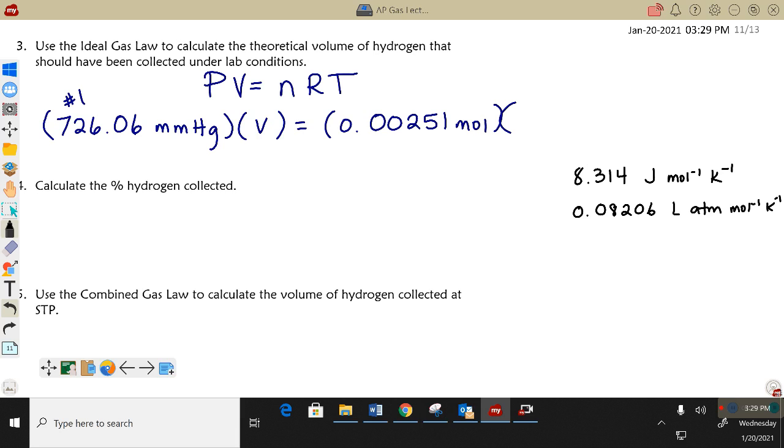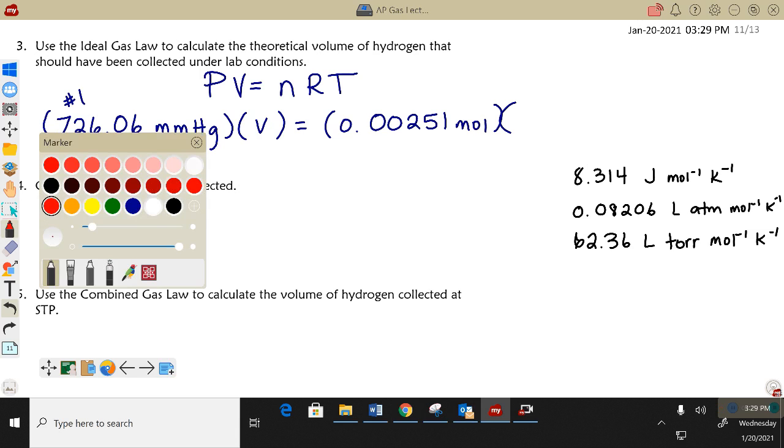And then there's this guy, 62.36. In the packet it says liter torr. I'll put that in there. Liter torr. And then mole to the negative first, Kelvin to the negative first. Okay, so here's what I wanted to mention.